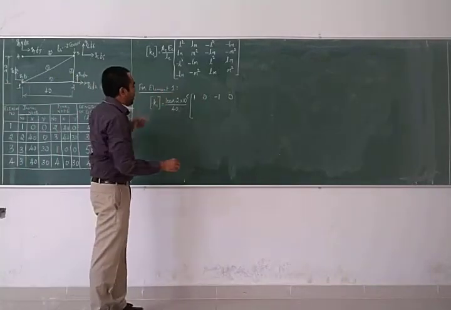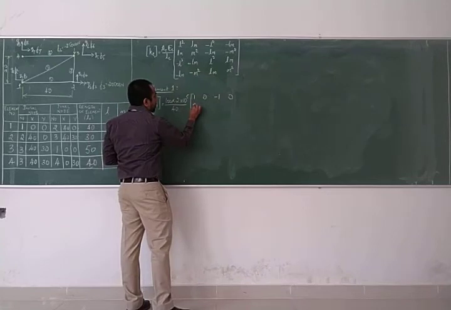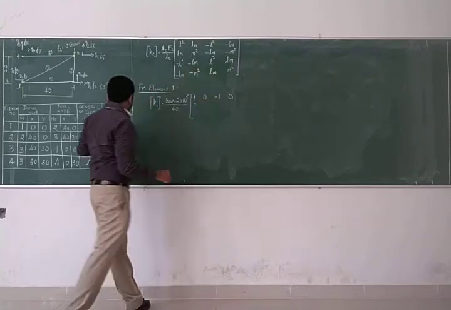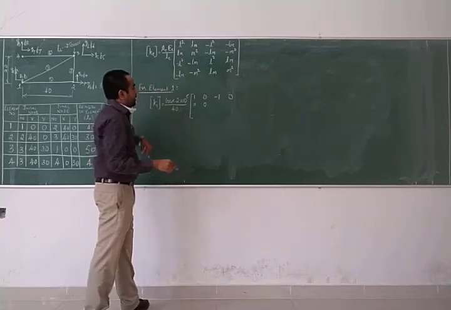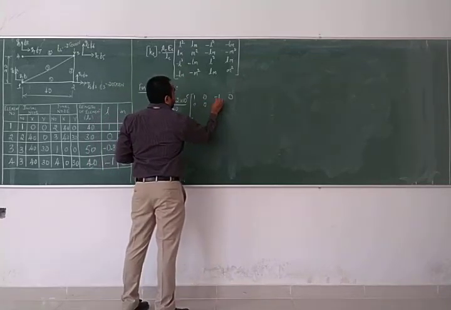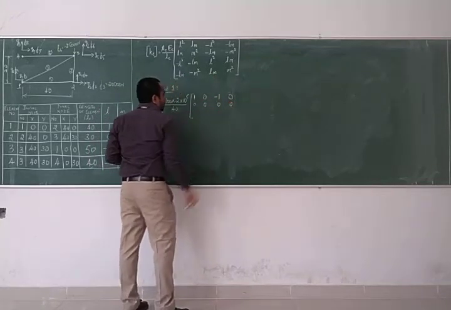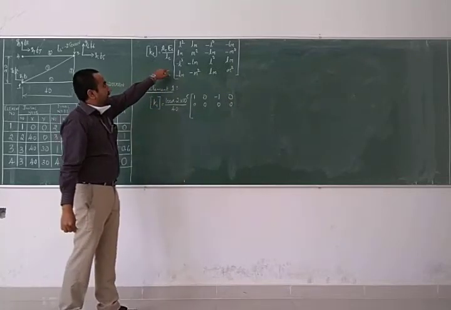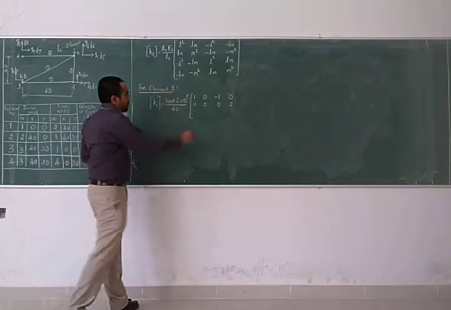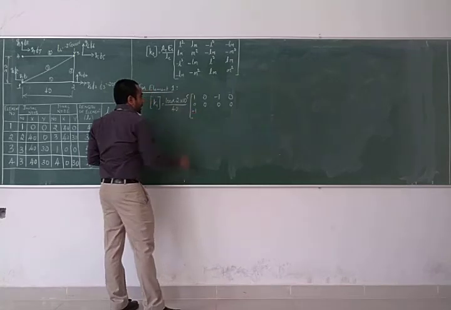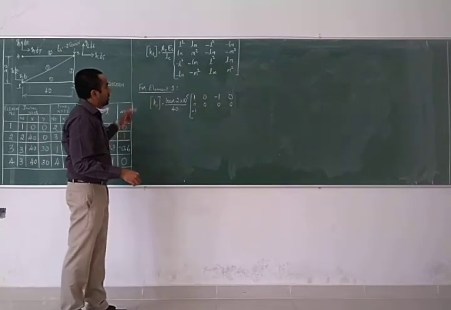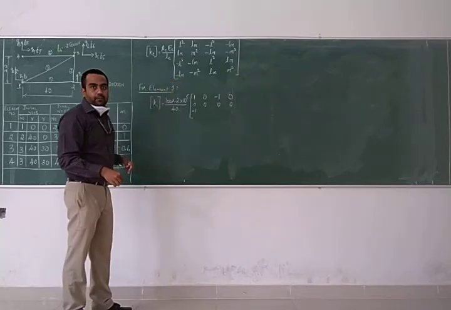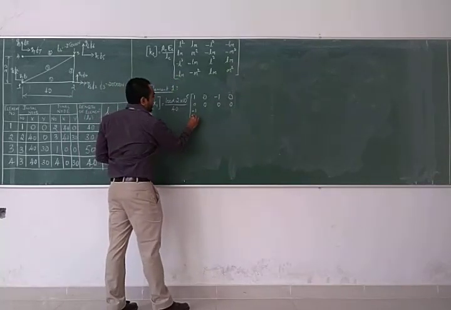Now Lm value is again 0, M value is 0, so M square will be 0, minus Lm is 0, minus M square is 0, minus L square is minus 1, so L value is 1, 1 square is 1, minus L square is minus 1, minus Lm is again 0.